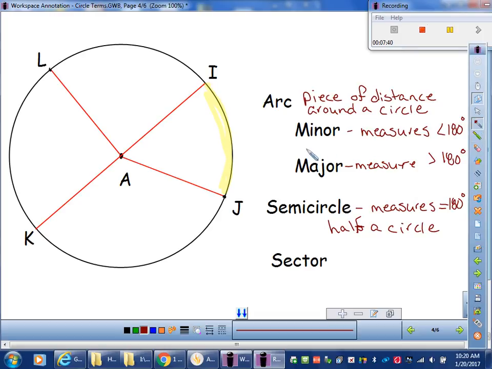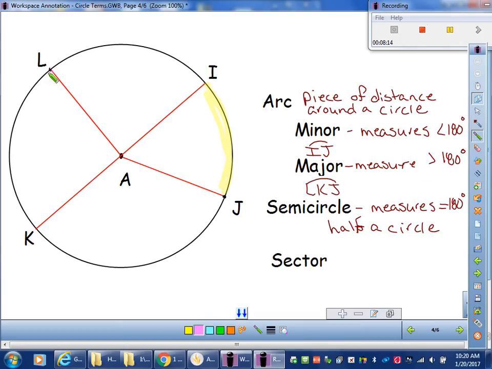When you write an arc, you name it by points on that arc. If it's a minor arc, you only use 2 points along the arc. Now, when you have a major arc, you need to name it with 3 points along the arc, such as L, K, J, and use the arc symbol over top.